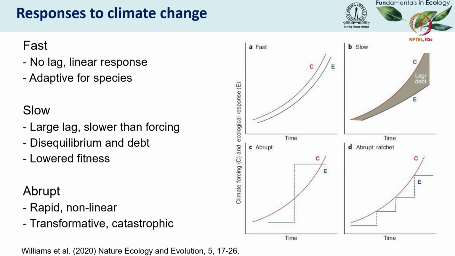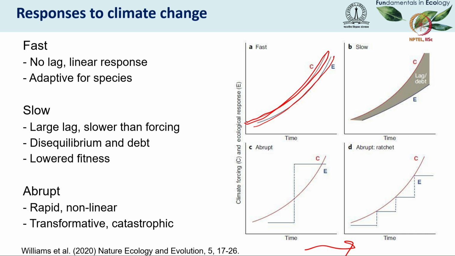Species can respond to climate change, and ecosystems can respond to climate change in various ways. So what you see is change in temperature here, which is climate forcing that's happening gradually over time, and the ecological response of a species to change in climate.